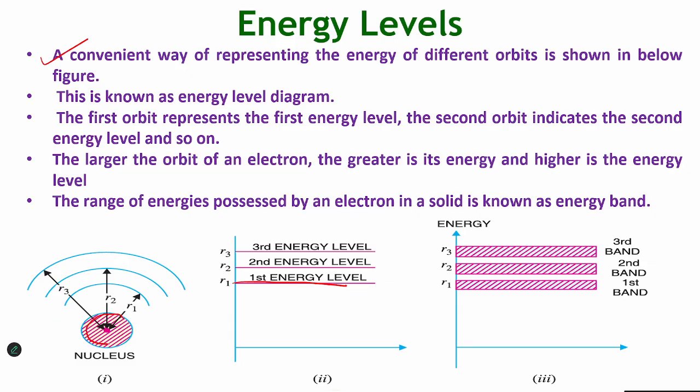If there are some lakhs of carbon atoms, we don't represent only one atom as energy levels. We represent them as energy bands: first energy band, second energy band and third energy band.